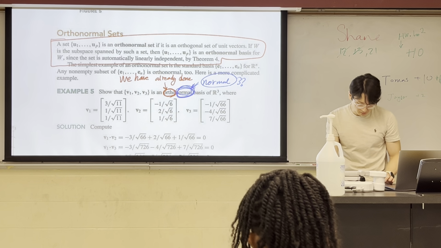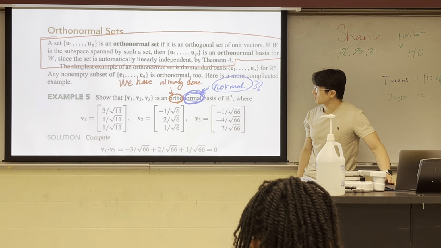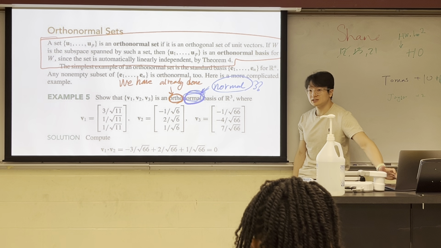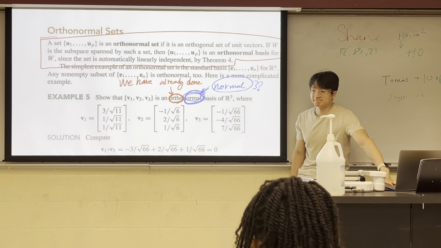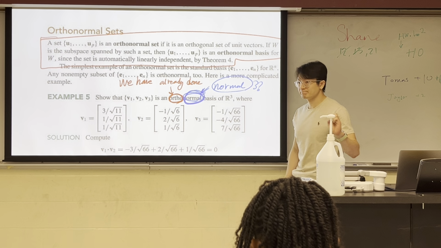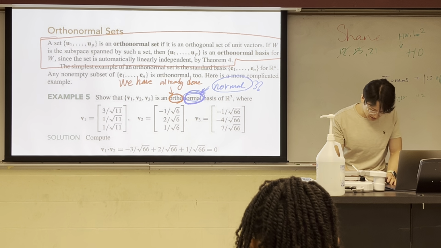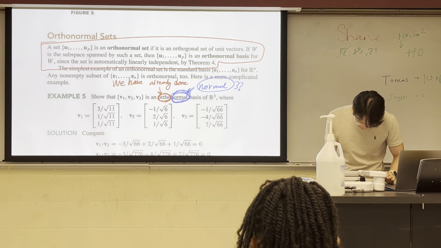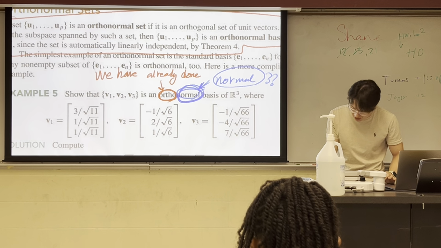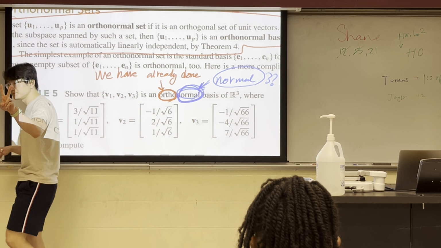Okay, now orthogonal set. What is the difference between an orthogonal set and an orthonormal set? The orthonormal set is just the orthogonal basis normalized. Yes. So to show if this set is orthonormal, what do we have to show?